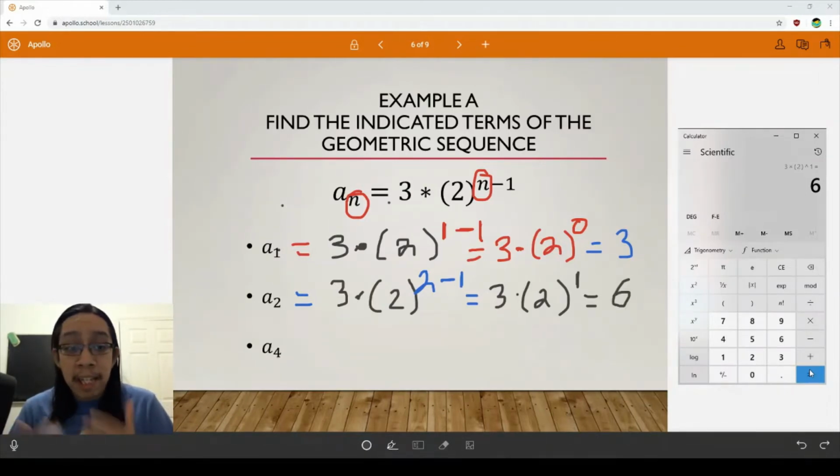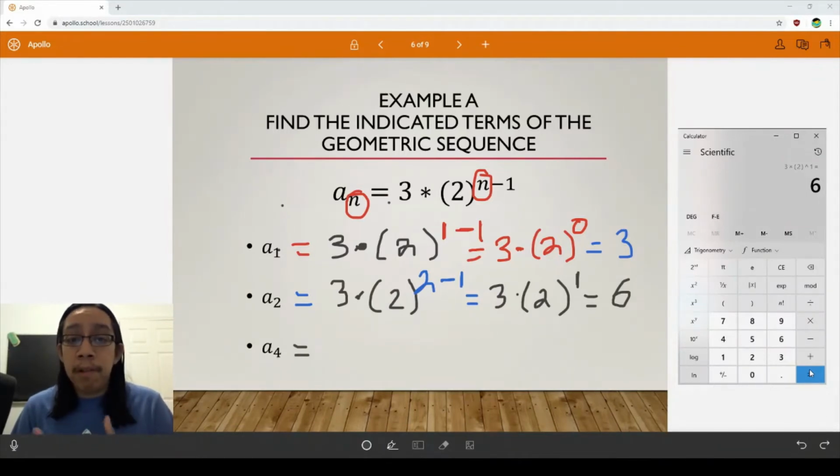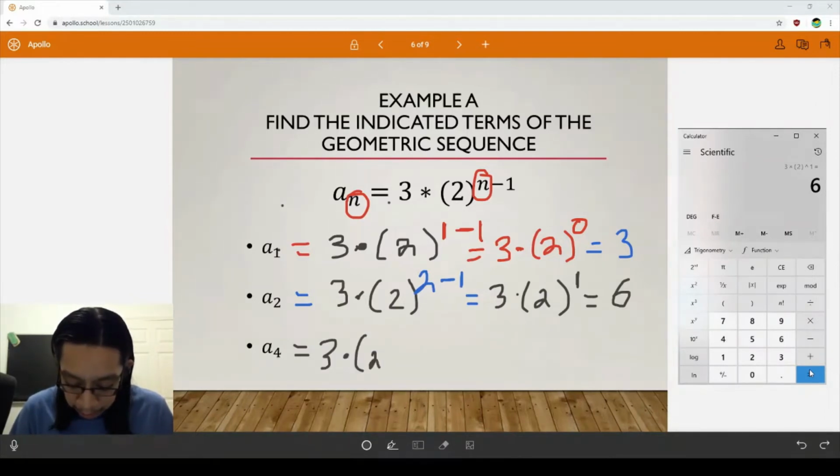So again, keep in mind where we're plugging in these numbers. We're always plugging in the number for the n at the exponent. That's where all the magic happens. That's where all the calculations happen. So let's see it in action one more time. So let's say you have a sub 4. This time the number that we are plugging in is 4. So 3, 2 to the power of, this time like I said, the number is 4.